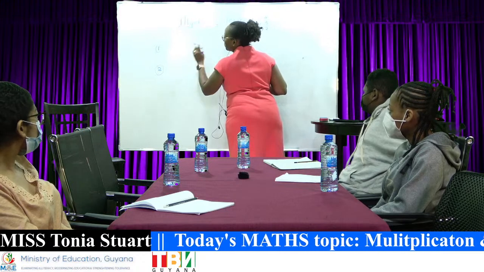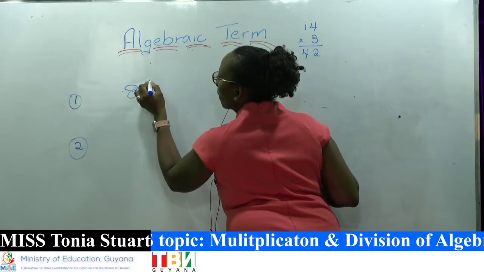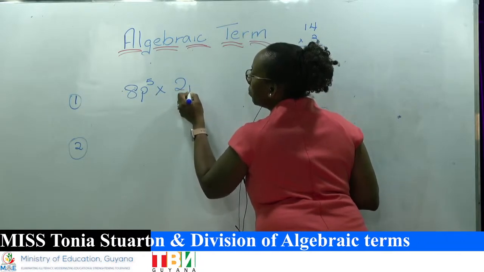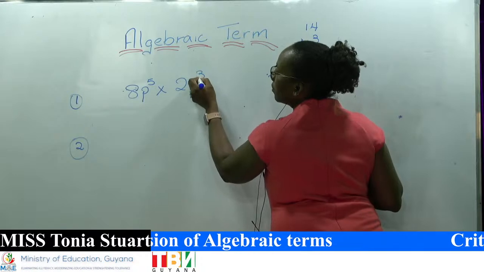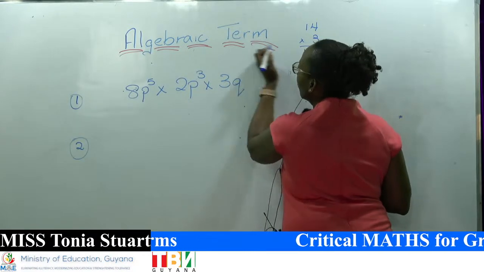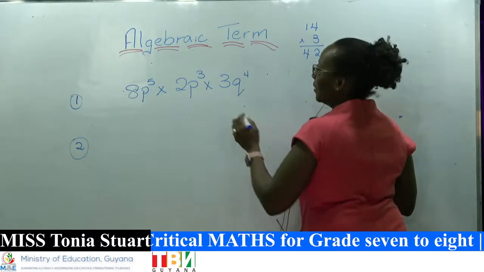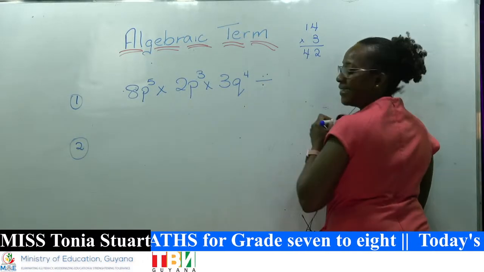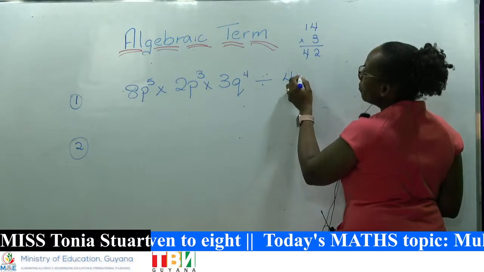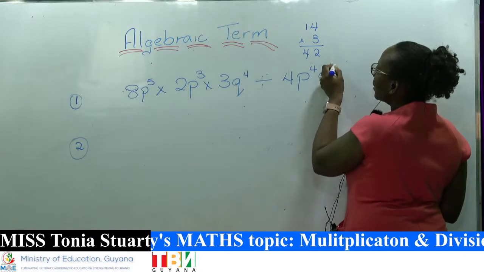So let's look at this one. 2p to the 5th power, multiplied by 2p to the 3rd power, multiplied by 3q to the 4th power, divided by 4p to the 4th power q to the 2nd power.